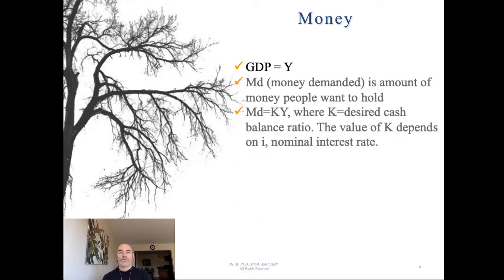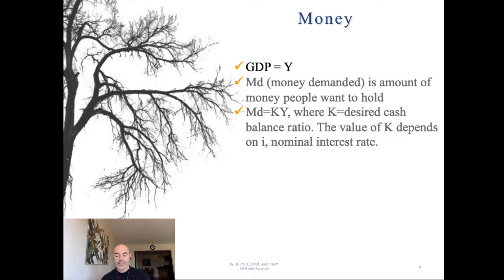Let's talk about the function of holding money. Functionally, demand for money depends upon two things. One is the desired cash balance ratio, labeled by K in front of you. And the value of K depends on the nominal interest rate.